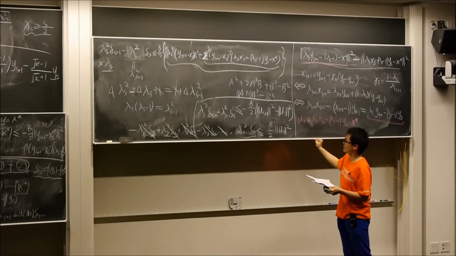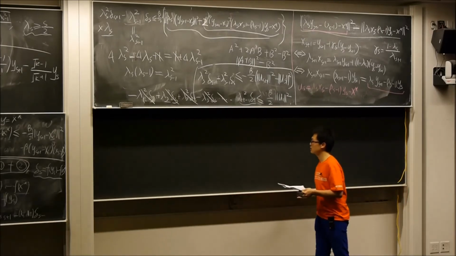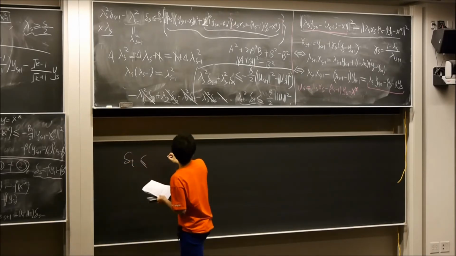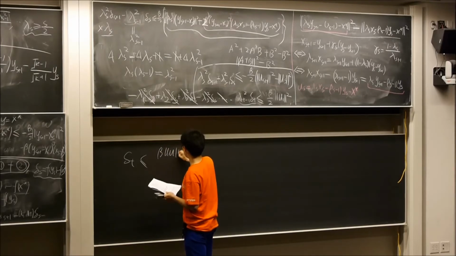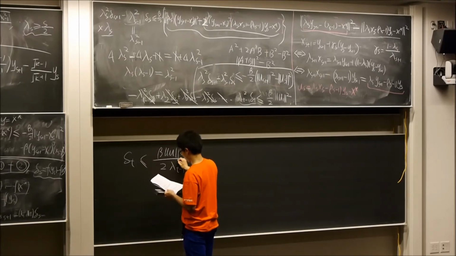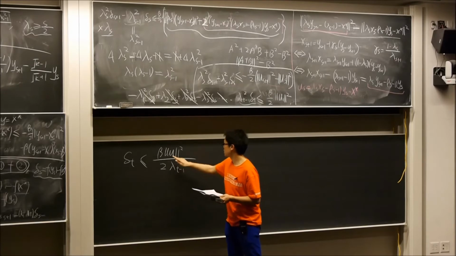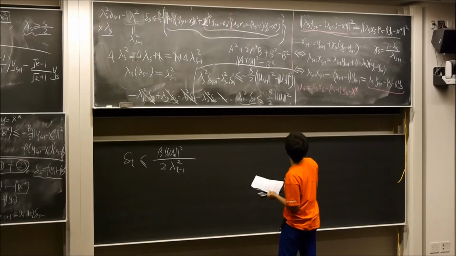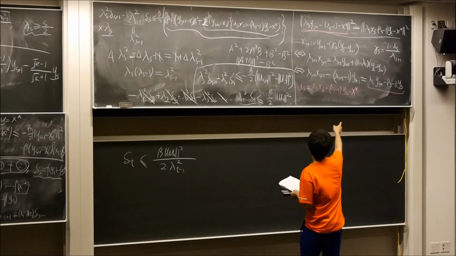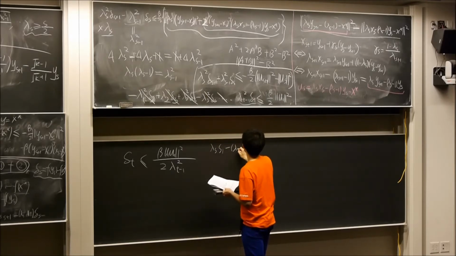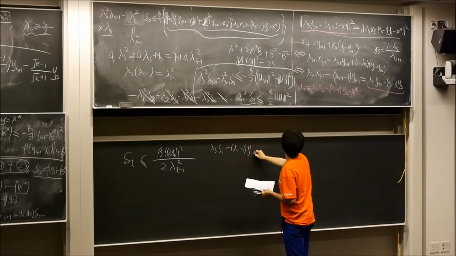and this gives us an inequality. Delta t is smaller than or equal to beta u over 2 lambda, and this u1 by definition is simply lambda 1 s1 minus lambda 1 minus 1 y s minus.